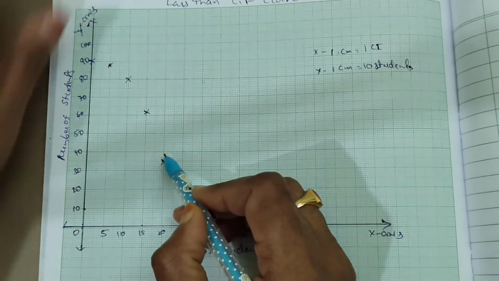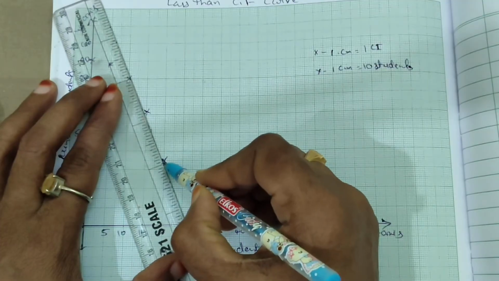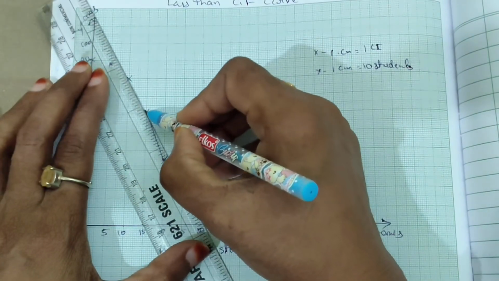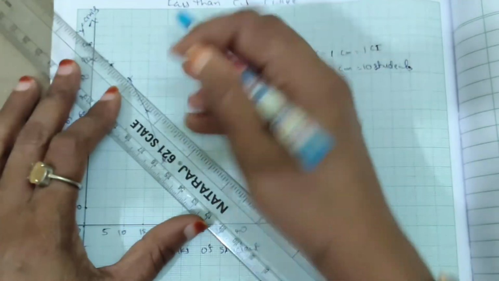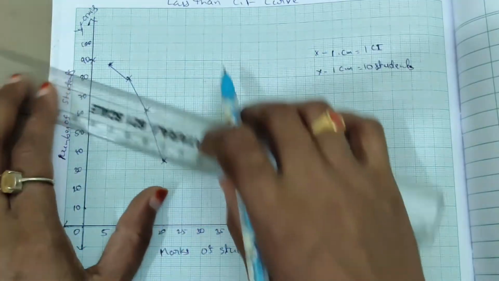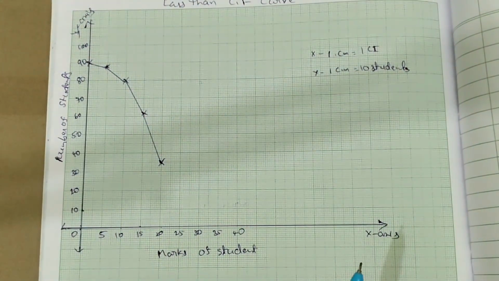So now join these points. This curve is the less than cumulative frequency curve. The complete graph is completed.